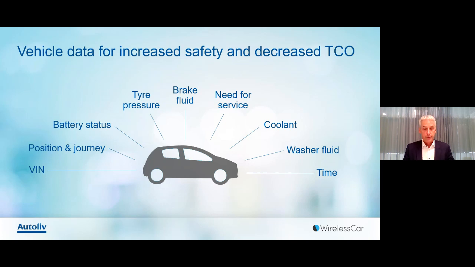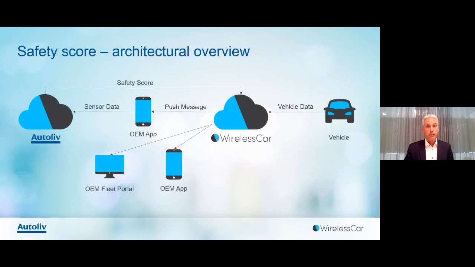And if we look on the next slide, I will show the high-level architectural overview. If you start to the right, where we pick the data from the vehicle, and we put the vehicle data into the cloud of WirelessCar.